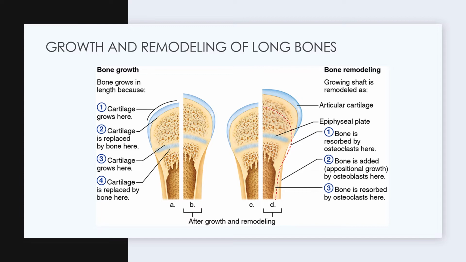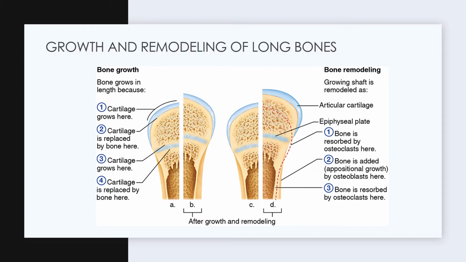It is important to note that growing bones will also widen as they lengthen to maintain proper proportion. They widen by osteoblasts in the periosteum adding bone matrix to the outside of the diaphyses, as cells called osteoclasts in the endosteum remove bone from the inner surface. So it's not that the diaphysis gets thicker; the inside is getting thinner and the outside is getting thicker, so it's kind of moving out.